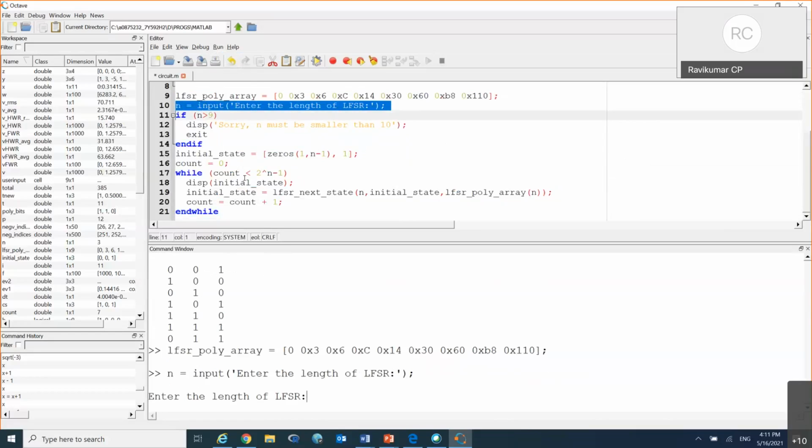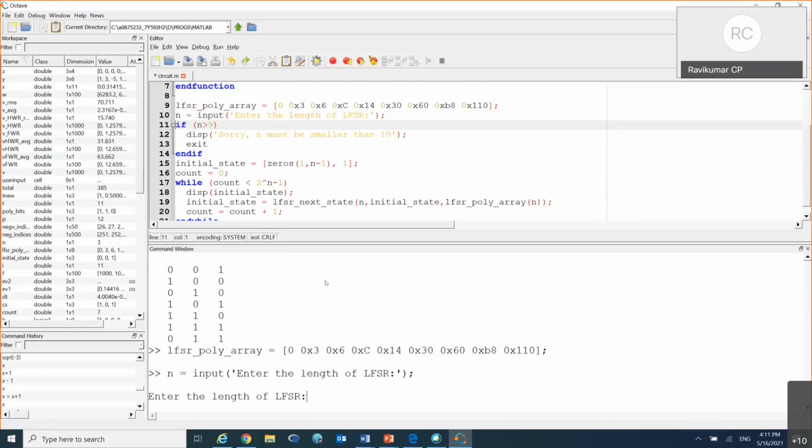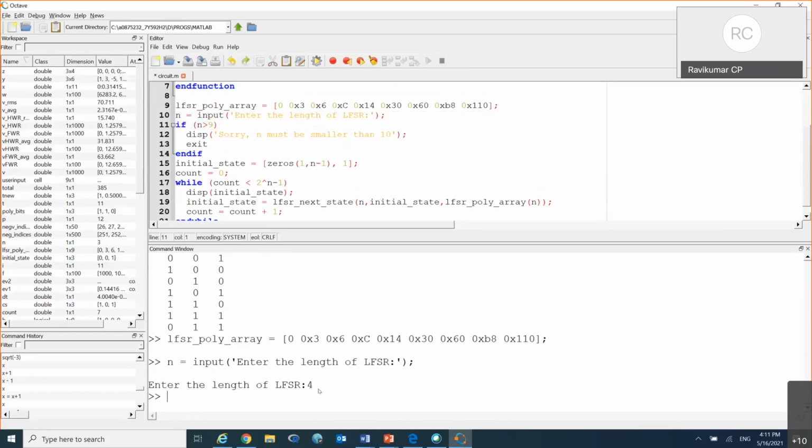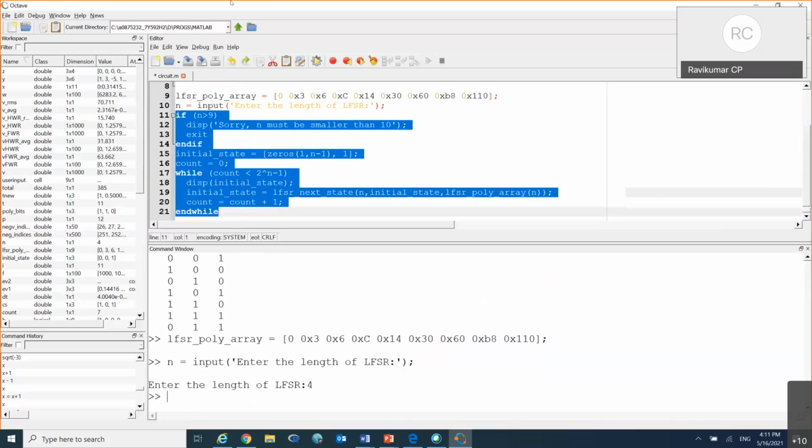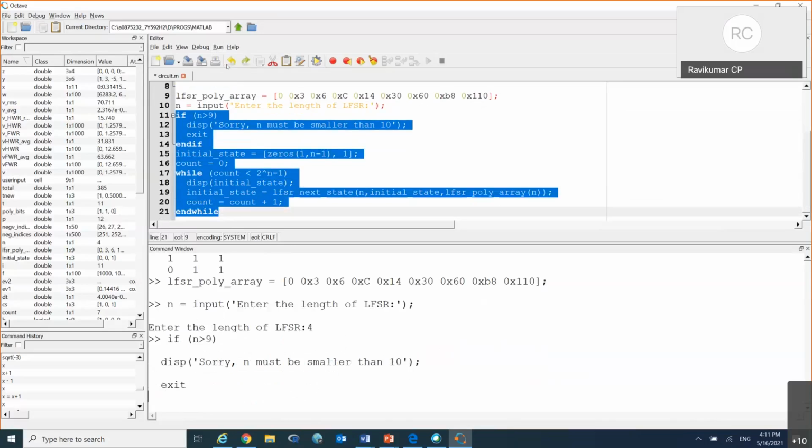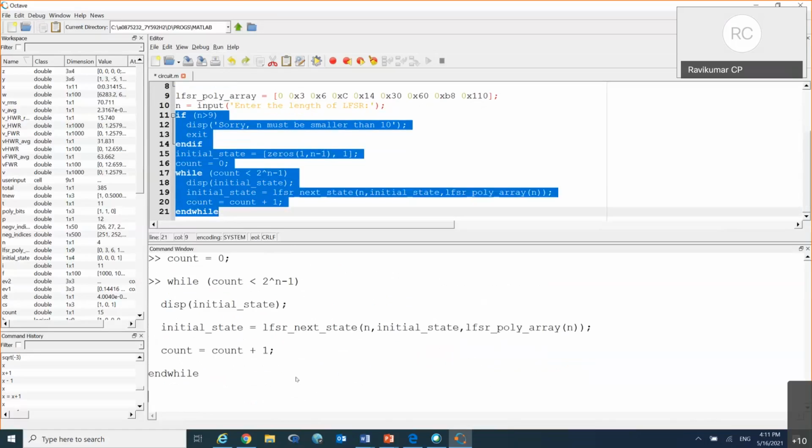Okay, let us try one step at a time. 4, let us try. Oops. 4 at a time. Now from here I can execute everything in one go. So this should give me 15 states. They should all be unique.